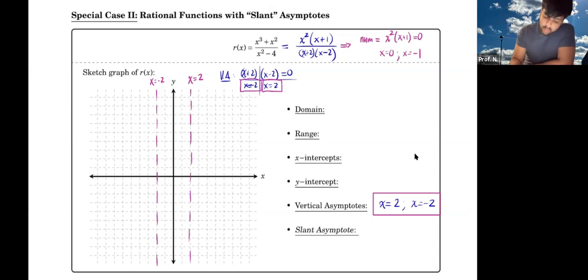So at x equals -1, we got 0, and at 0, we're at 0.